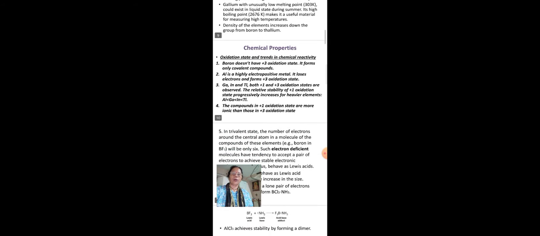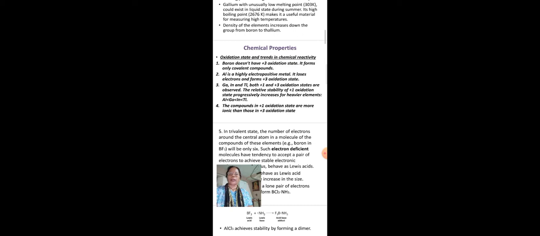Let us see one by one the chemical properties of this family: the oxidation state and trends in chemical reactivity. Boron doesn't have a +3 oxidation state; it forms only covalent compounds. Aluminum is a highly electropositive metal. It loses electrons and forms the +3 oxidation state.